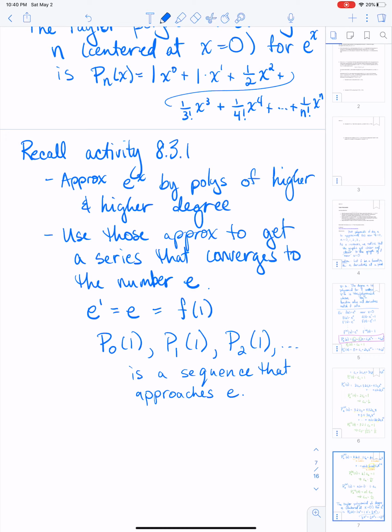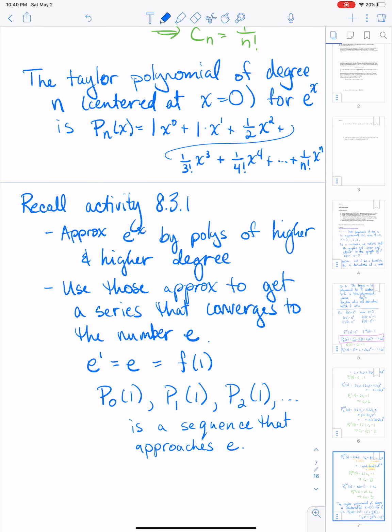And I can even be a little bit more explicit here. If we're thinking about Pn of x, now we know that it has this particular format that we've written down. And so we can even say that here our x is equal to 1, and so we were using the fact that the sequence approaches e. Let me just be very careful because I know that I don't want you mixing sequences and series.